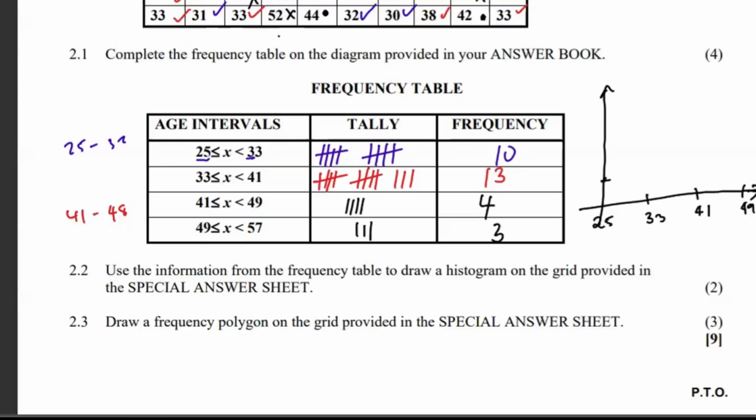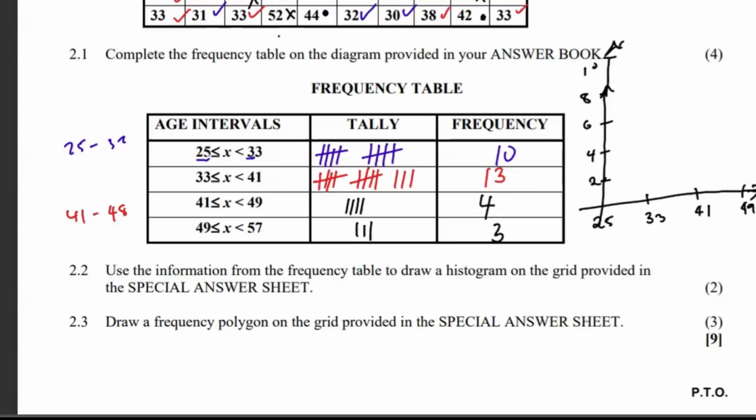Then on this side, I can have frequencies of 2, 4, 6, 8, and maybe 10.